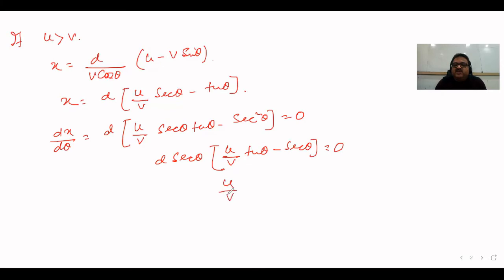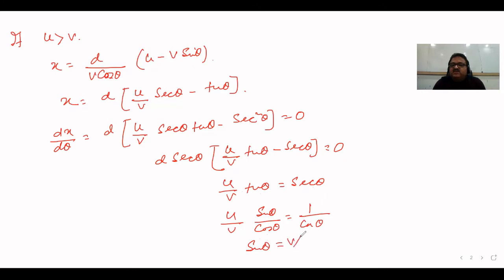Therefore U by V tan theta is equal to sec theta. Therefore tan theta is sin theta by cos theta, and sec theta means 1 by cos theta. Therefore sin theta is equal to V by U. Therefore theta is equal to sin inverse of V by U. Correct? Under this condition, the drift is minimum.